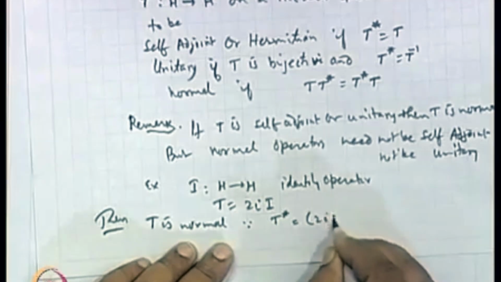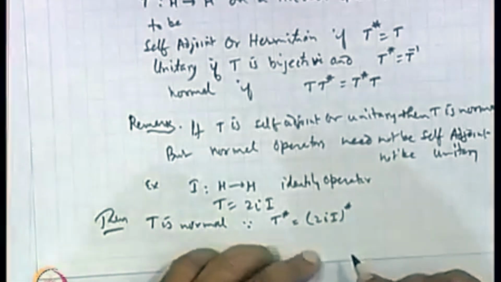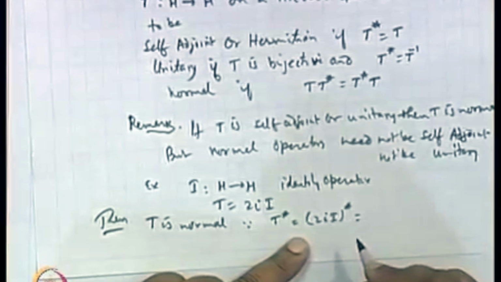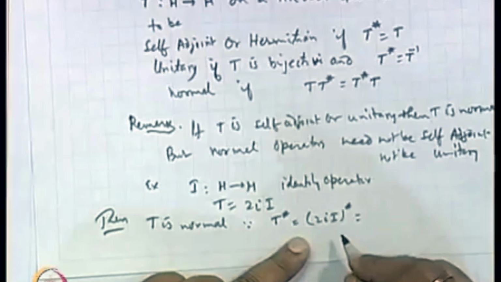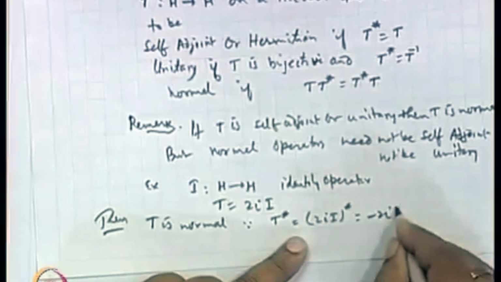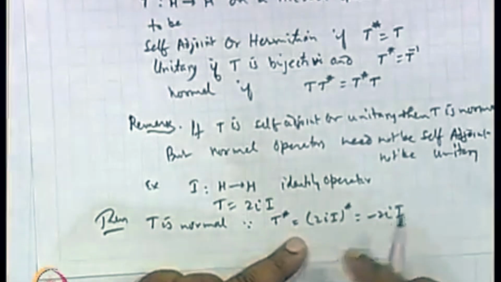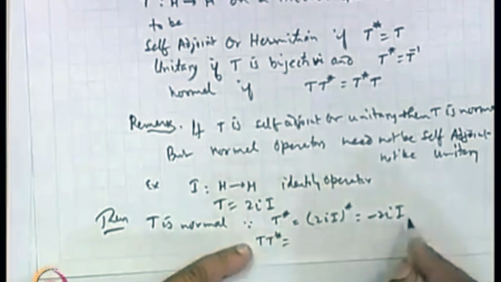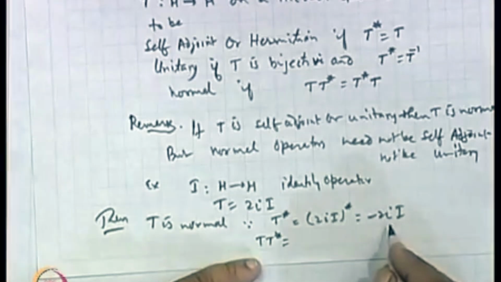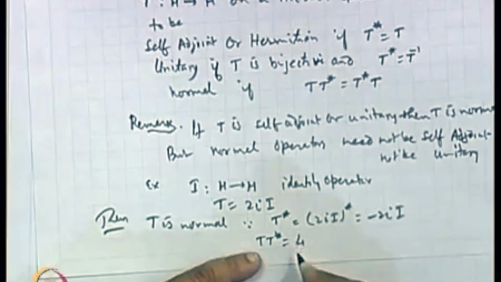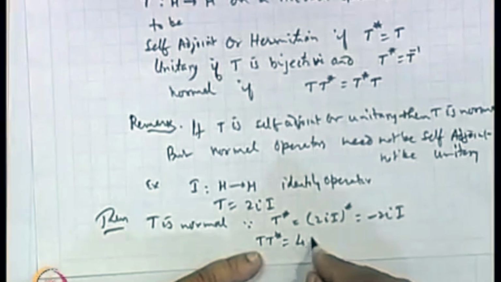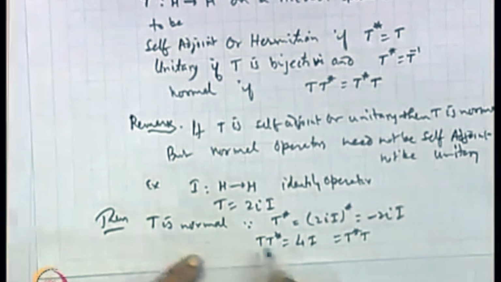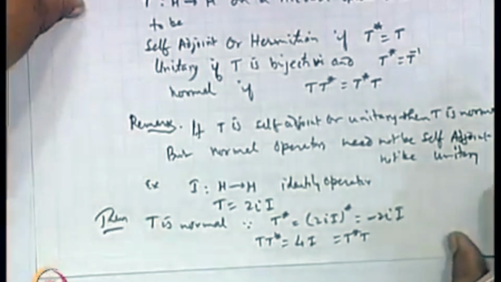T star is the conjugate of 2i, so T star equals minus 2i I. Clear? So T T star becomes 2i times minus 2i, which is 4 I squared, that is 4 I, and that is T star T also. So T is normal, but T is not self-adjoint.